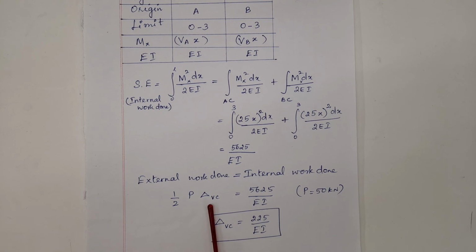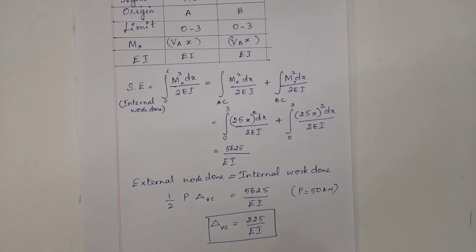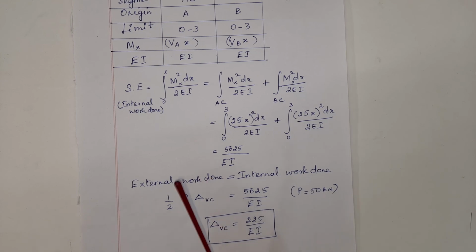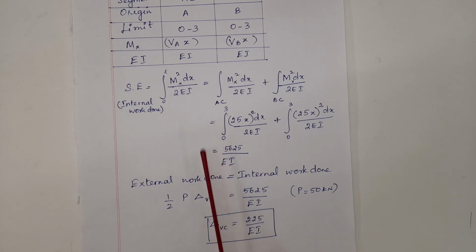Here I can find the value of delta VC by substituting the load given in the problem. The load here is 50 kilonewton. So substituting, I get the value of delta VC. Here we have calculated the strain energy, that is internal work done, and equated that with external work done to determine the value of deflection.